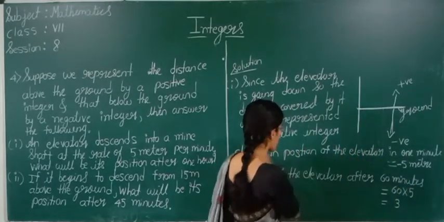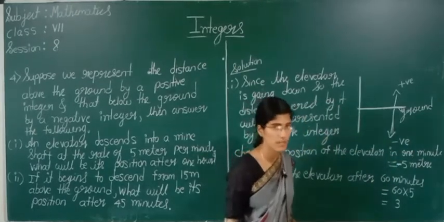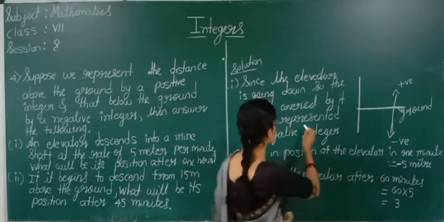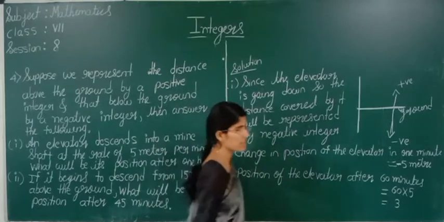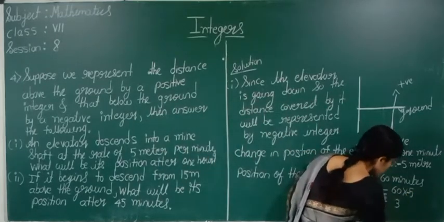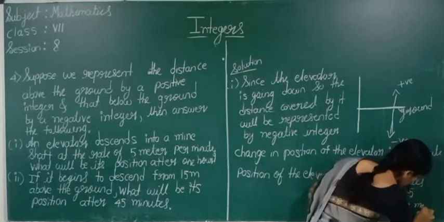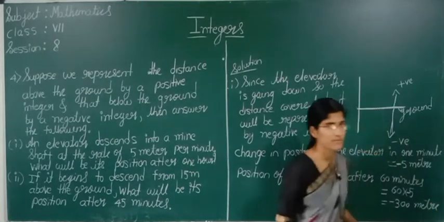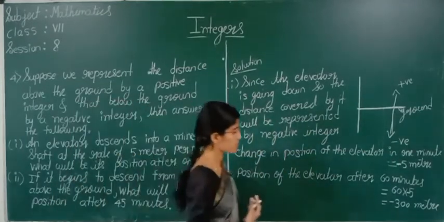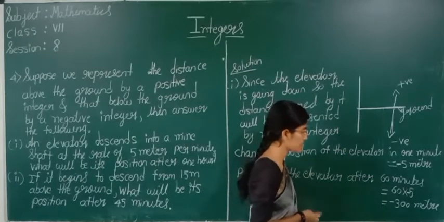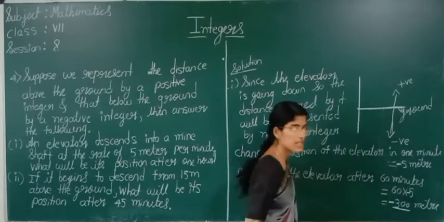See here, the change in position of the elevator in 1 minute I am taking as minus 5 meters, because of what we have written here: the distance covered by it will be represented by a negative integer. Now it becomes 60 into minus 5, which is minus 300 meters. So the position of the elevator after 60 minutes is minus 300 meters. What is this minus representing here?